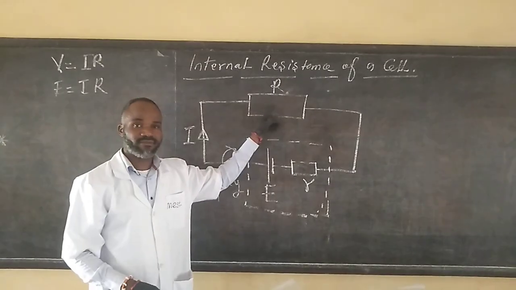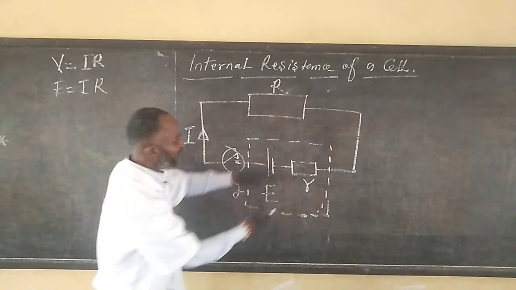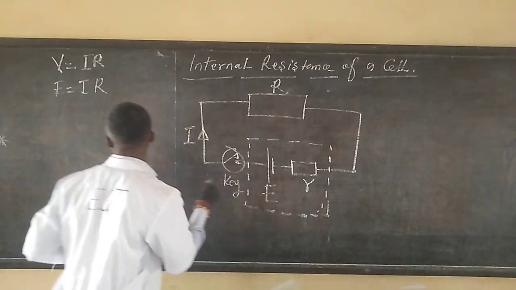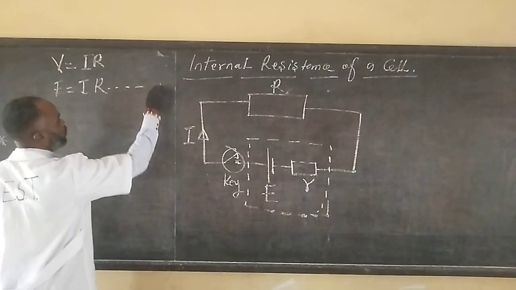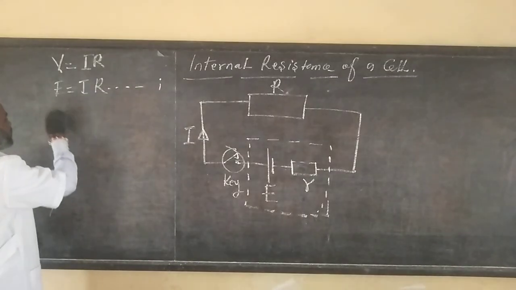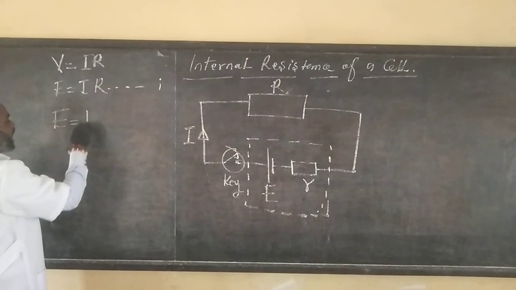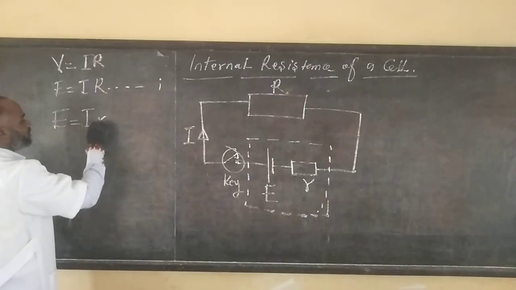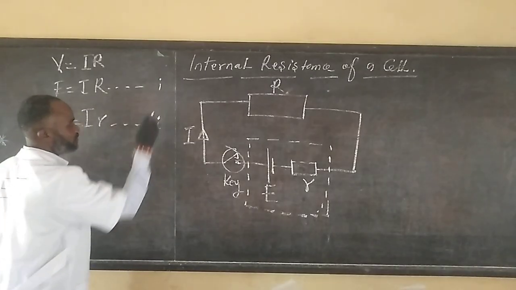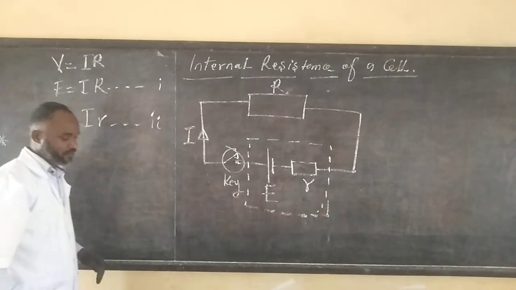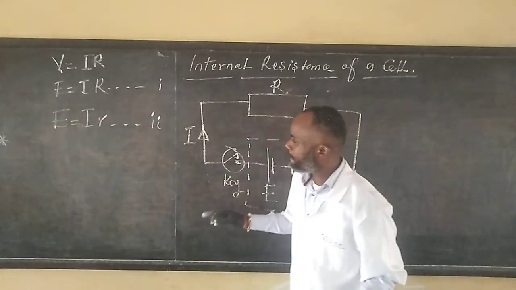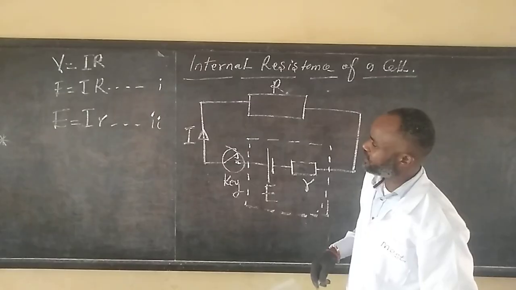That is 1. Now we can define the potential difference across the internal resistor as I and small r. And this is 2. Alright? This is clear.